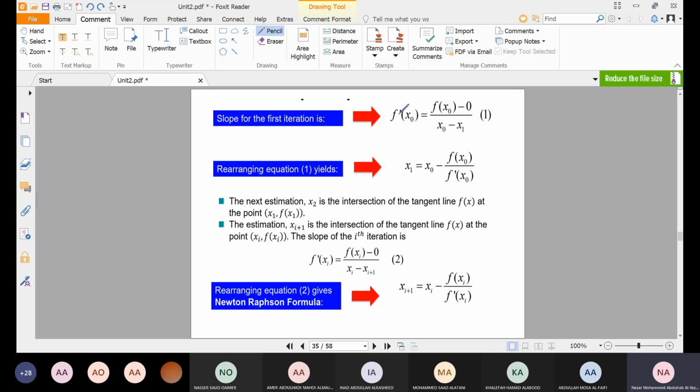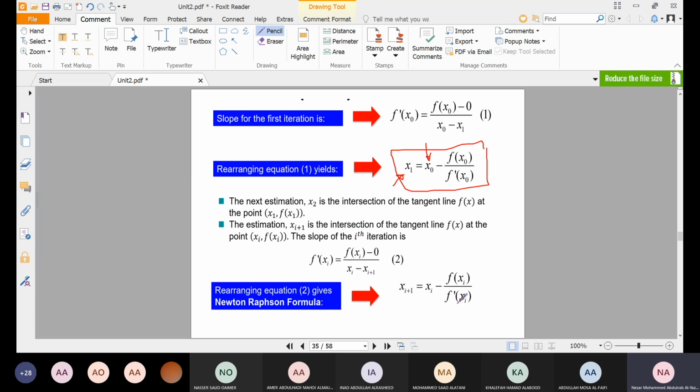So just multiply both here. I have xi. After that, by rearranging equation 1, I will get this formula. This is my initial guess that I have, and this will be my new estimate of the root.